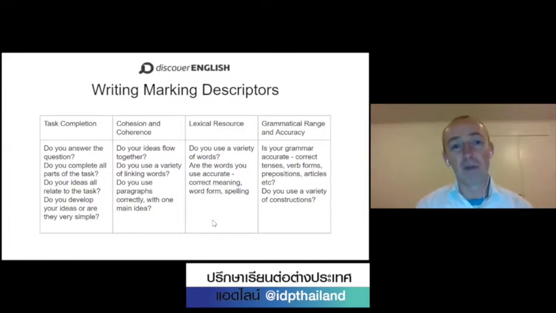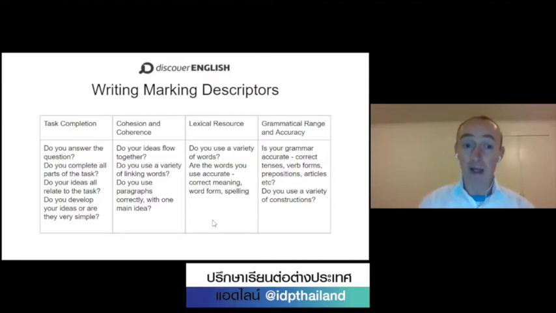This is quite an important one. Often people, when they're writing essays, for example, will leave the topic. They'll start writing about other things which will not be on the topic, and you can lose marks for that. And do you develop your ideas, or are they very simple? Again, we'll look at that. That comes mainly in that part 2 of the writing, the essay.